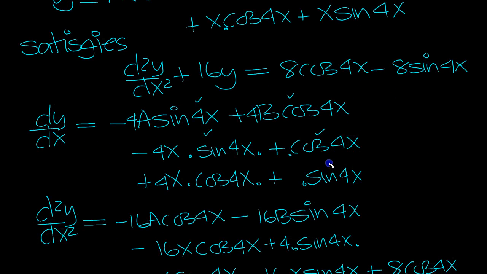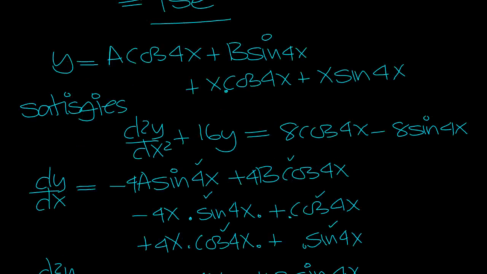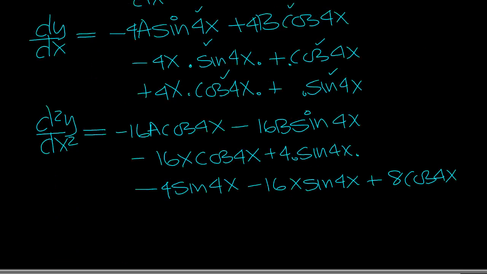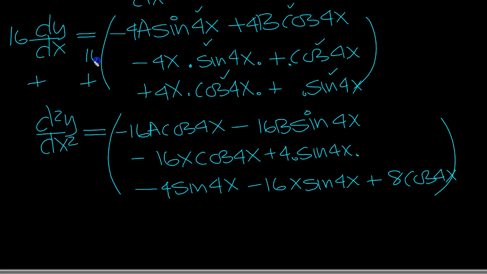And that was the last term differentiated on that one, wasn't it? So d2y by dx squared plus 16y. So this thing here, plus 16 of these, plus 16 of these. So what will we get?